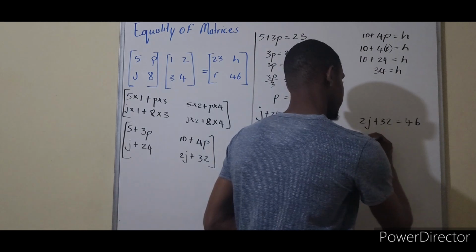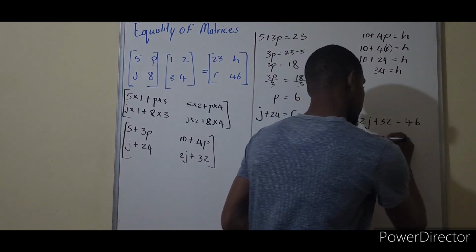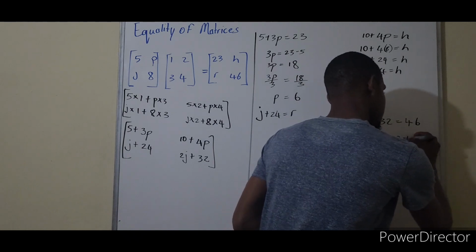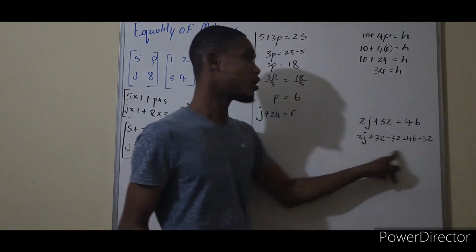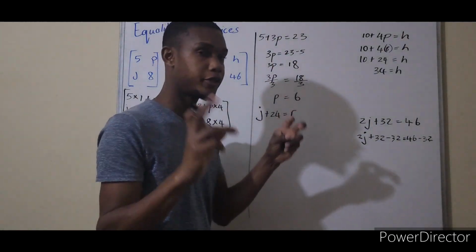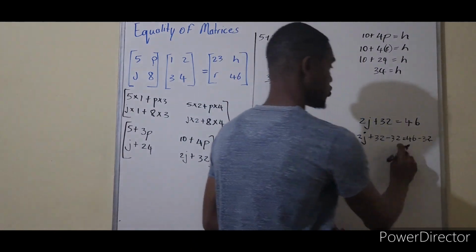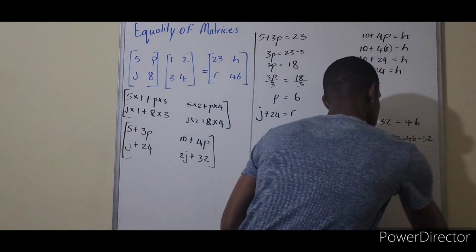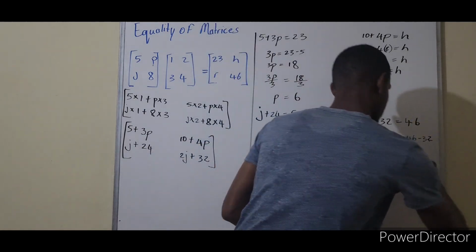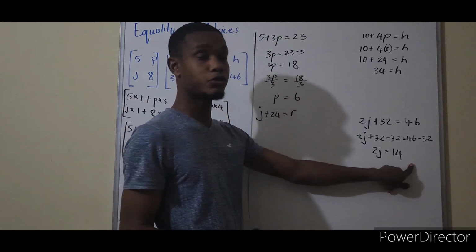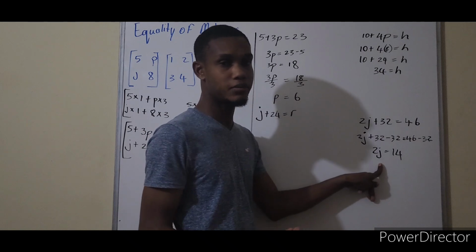So that's 2j plus 32 minus 32 equals 46 minus 32. You can do it the long way, or if you want to take the shortcut, because you know the principle already of solving equations, the 32 minus 32 leaves you with just 2j equals 46 minus 32. That's 14. Now 2j is equal to 14. The fact that 2 is being multiplied by j, the opposite is divide.